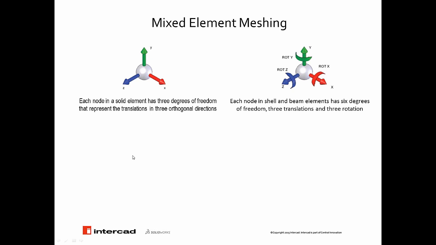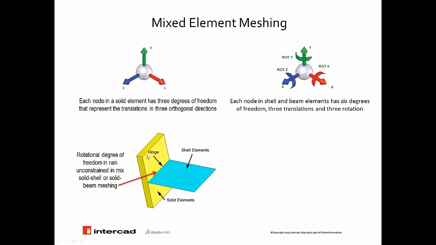Therefore, it is highly possible, if you have a solid geometry attached to a shell or a beam, that at their intersection, since you are trying to bond these two components completely together, the 3 translational degrees of freedom on both types of elements are getting connected, bonded and restricted, fine. But since the shell or beam has 3 rotational degrees of freedom and they are free, it is highly possible to create a hinge connection at the intersection.